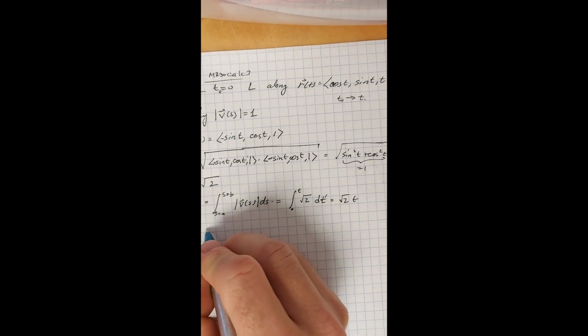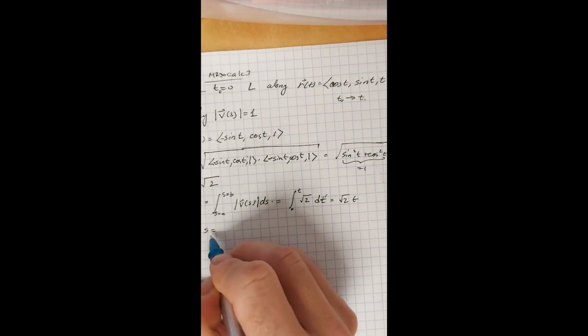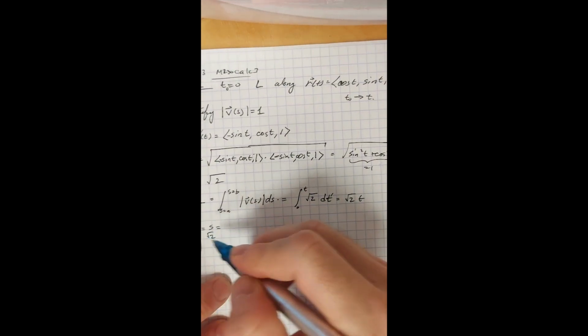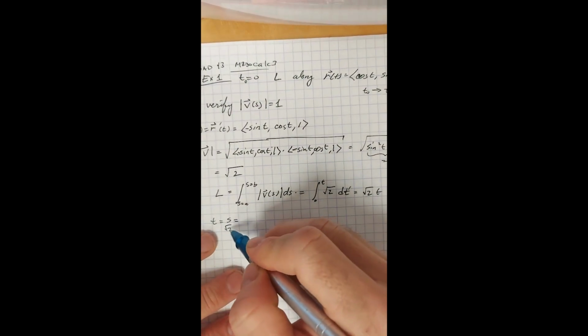That means that s is equal to the square root of 2 times t, so t is equal to s divided by the square root of 2.